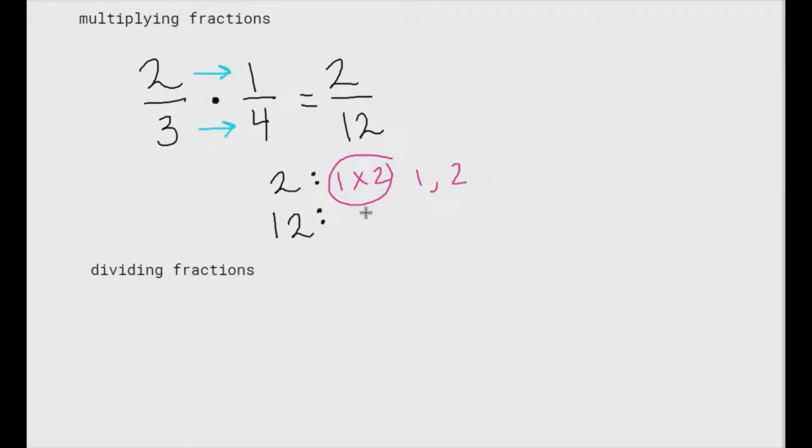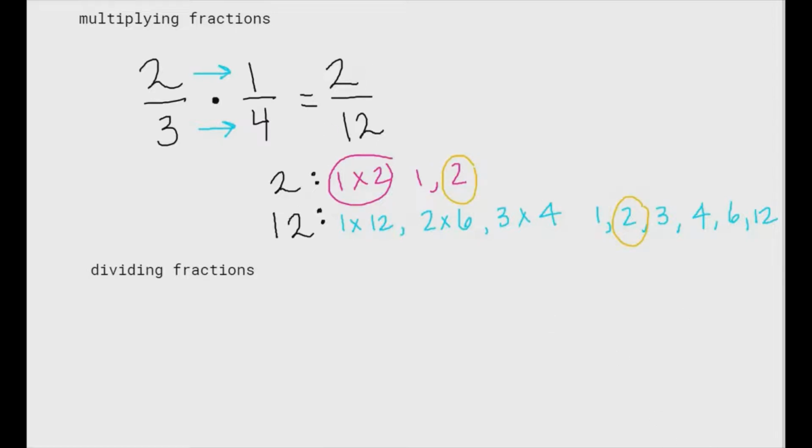Okay, then 12, I can do 1 times 12, I can do 2 times 6, or I can do 3 times 4. So that means that 1, 2, 3, 4, 6, and 12 are all divisors of 12. And you should be able to see that the largest number that these two have in common is 2, right?